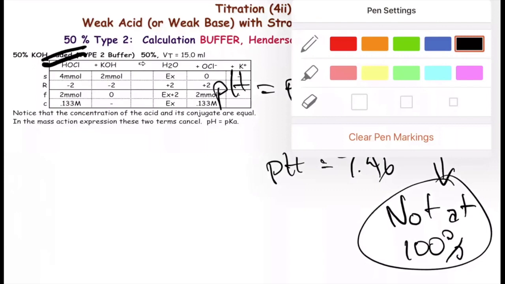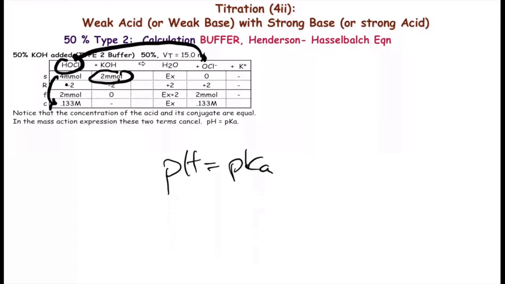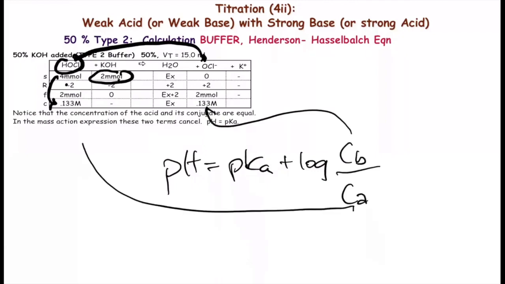Let's look at the chemistry. Here you can see that we've introduced half the moles of the acid. So that means half of this will form product, and the remaining half stays the same. Remember, this is a buffer problem, so the pH is equal to the pKa plus the log of the conjugate base, which is that value right there, divided by the conjugate acid, which is that value right there.